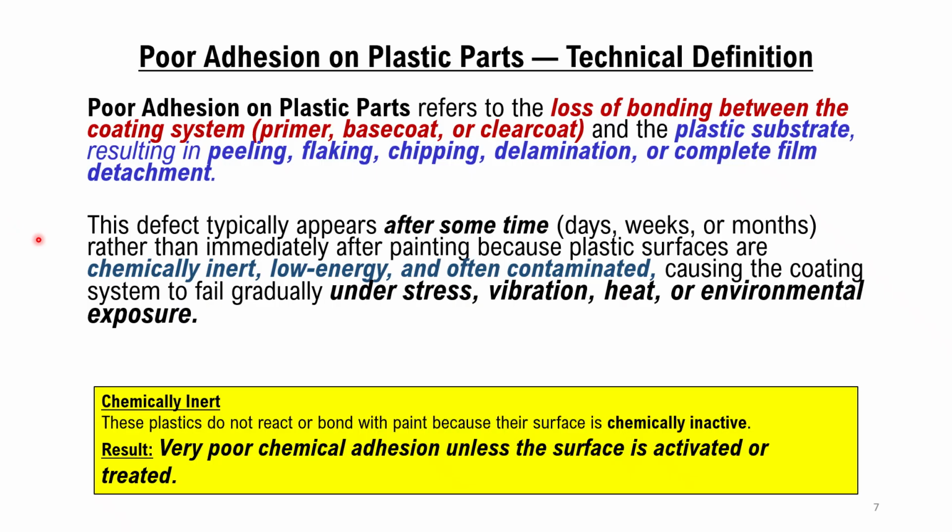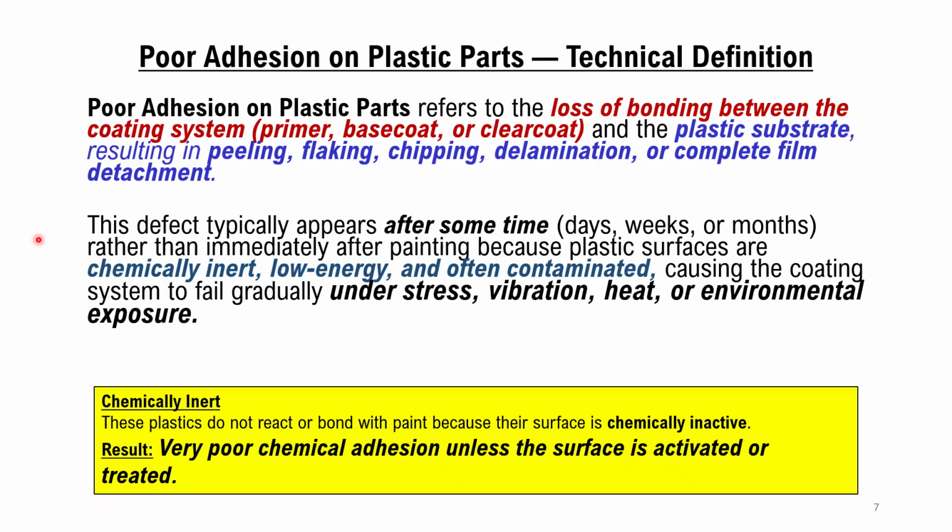This defect typically appears after some time, days, weeks, or months, rather than immediately after painting, because plastic surfaces are chemically inert, low energy, and often contaminated, causing the coating system to fail gradually under stress, vibration, heat, or environmental exposure.